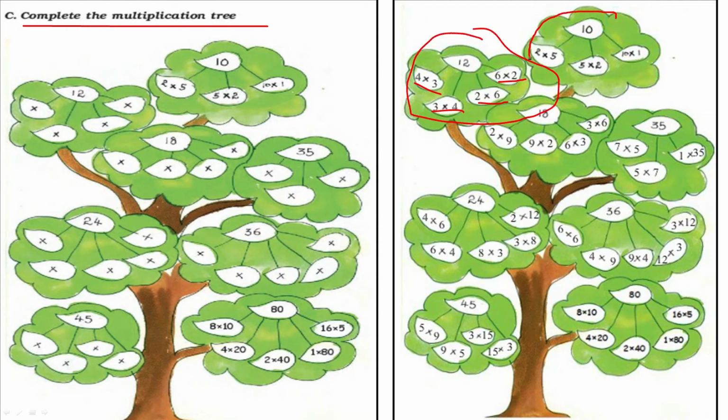For 10 you will get like this. 18: 3 6s are 18, 6 3s are also 18, 9 2s are 18, 2 9s are also 18. Similarly 24: 2 12s are 24, 3 8s are 24, 8 3s are 24, 6 4s are 24, 4 6s are 24.